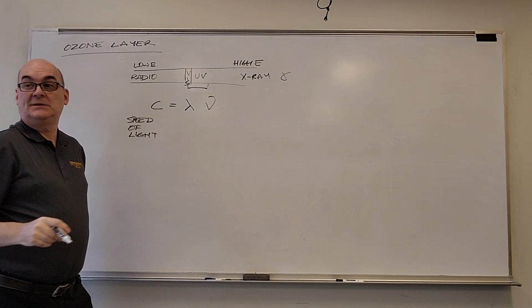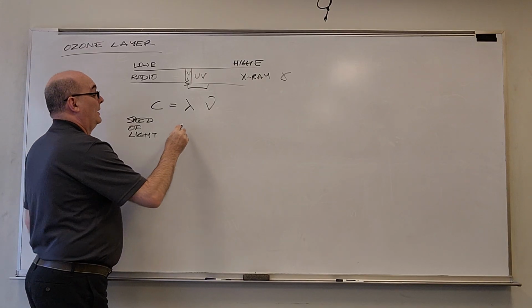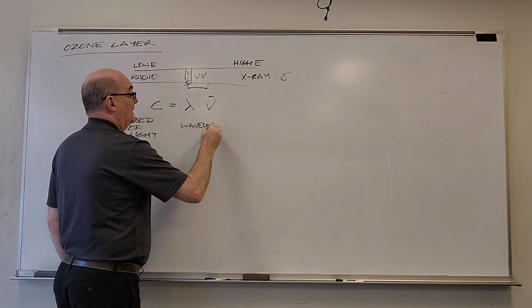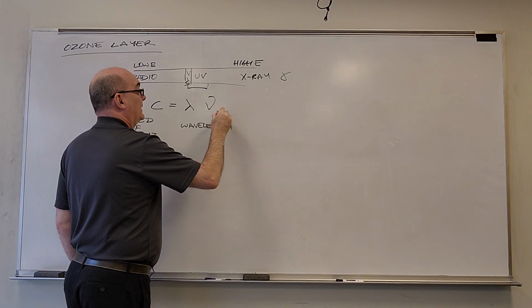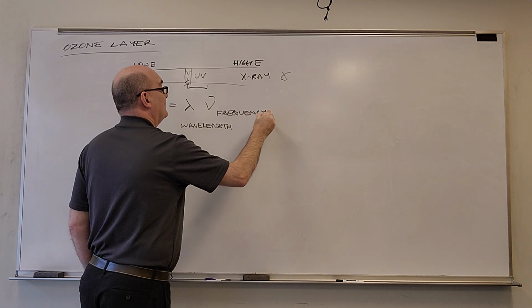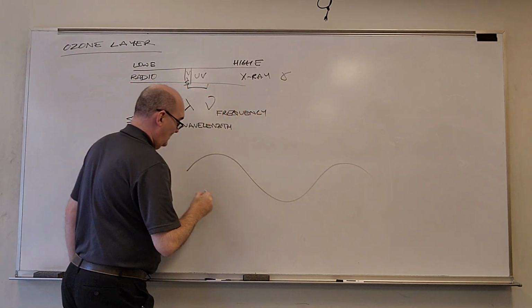Speed of light is 3 times 10 to the 8 meters per second. And lambda is wavelength, and nu is frequency.